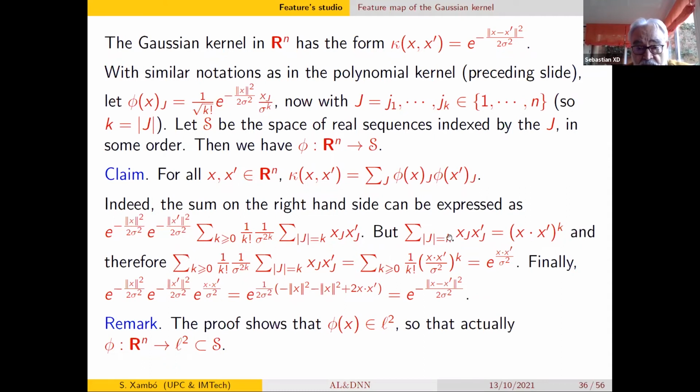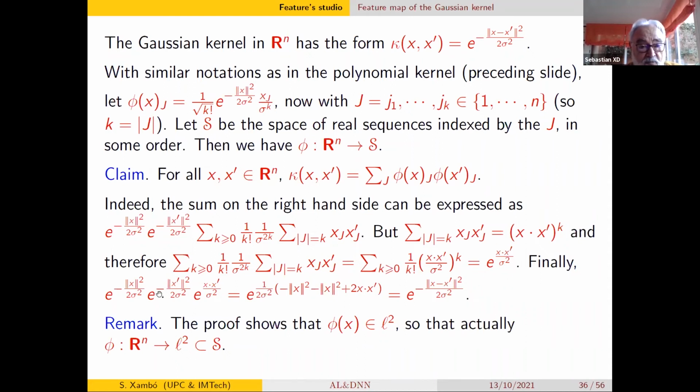But this sum here, by the same argument as before, is x dot x prime raised to the k. And therefore, the whole sum is the sum for any k of this expression times the sum for absolute value of j equals k of xj prime, and this turns out to be this exponential.